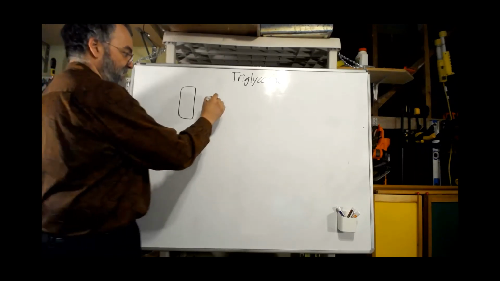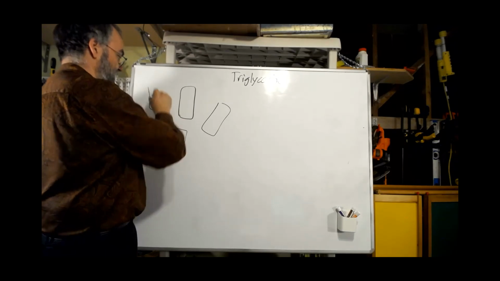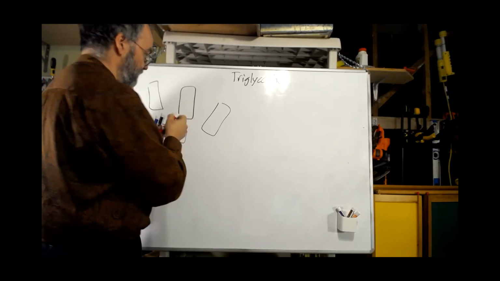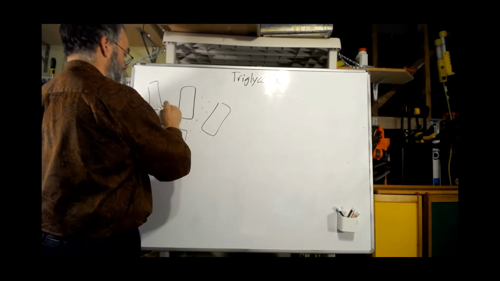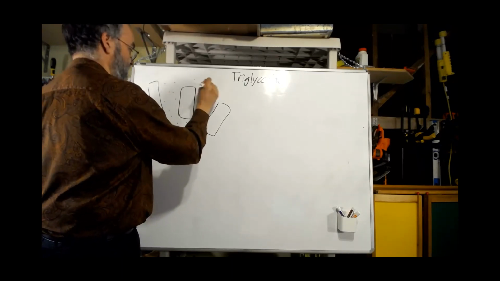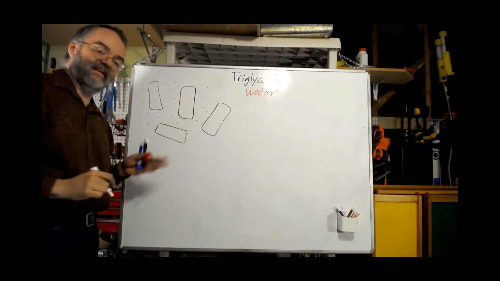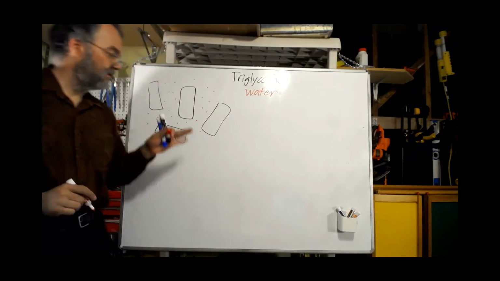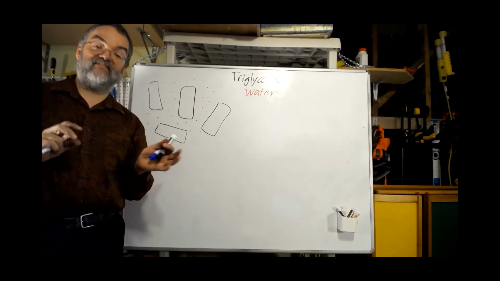Let's put that and some other big fat molecules, big nonpolar blocks, in with some smaller polar water molecules. And let's see what they're going to do. Now my water molecules, since they're polar, each of them can be attracted to other water molecules.